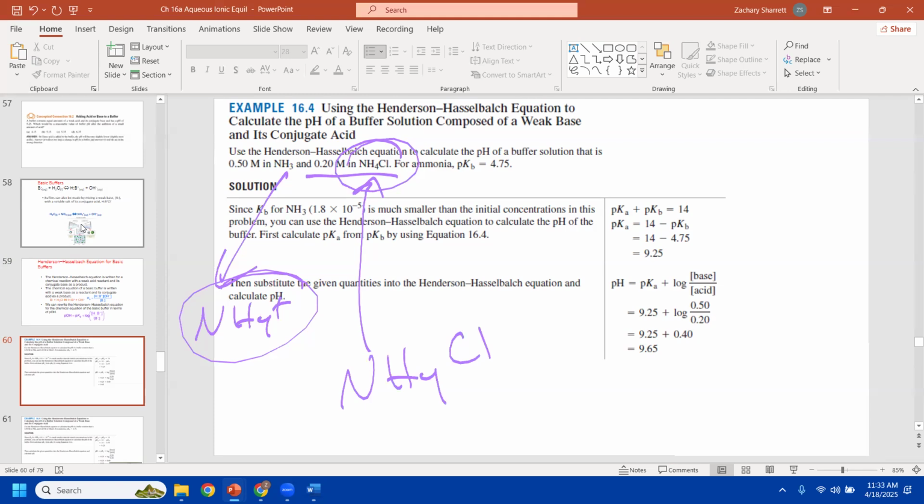So that's the conjugate acid of the weak base, but we couldn't just add NH4 plus. You can't add an ion. You have to add it as a neutral species. So we just pop on, just like with NaOH, where we have to add the Na to the OH minus, right? In this case, we can't just add NH4 plus. We have to put, and what is Cl? Cl minus.